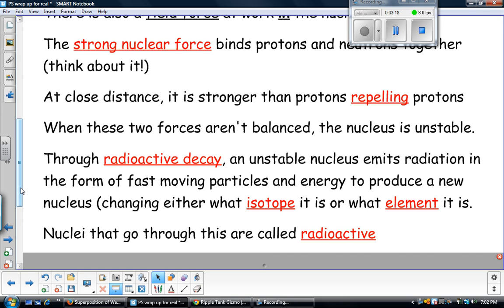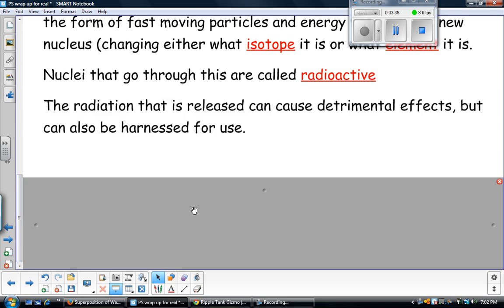They're unstable because the balance is off between the strong nuclear force and the electromagnetic force. When this happens, the radioactive nucleus goes through radioactive decay and it spits something out so that it becomes more stable. The radiation that's released can cause detrimental effects, but it also can be harnessed for use.